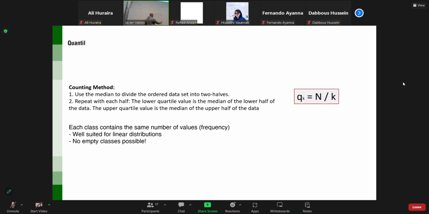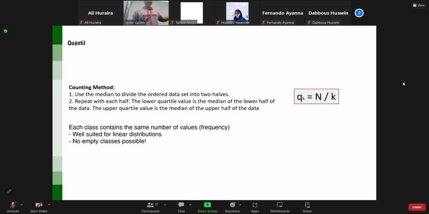As I said, what is interesting is that you always have the same number of elements inside each one of them. Because it is based on what? On the frequency ranking we have seen before, the percentage rank, PR, that we calculated before on the tables.